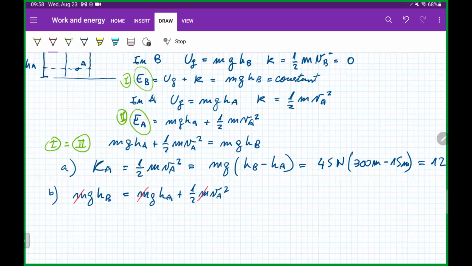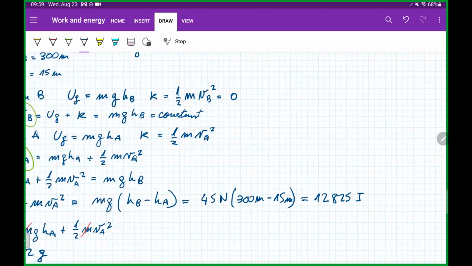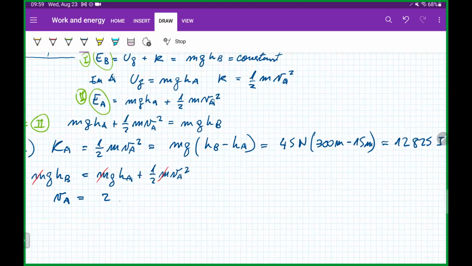And then we can rewrite this in order to get the velocity at A, which is equal to the square root of 2g(h_B minus h_A).